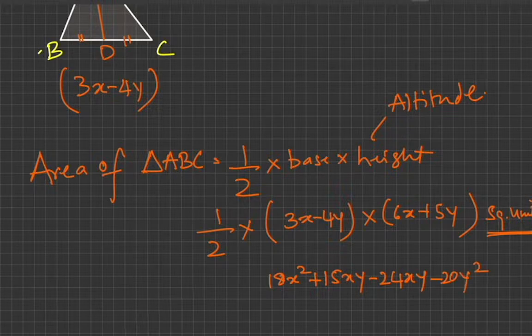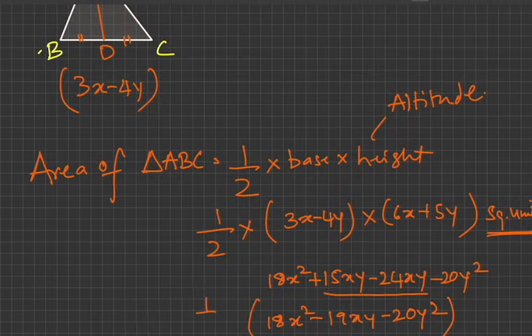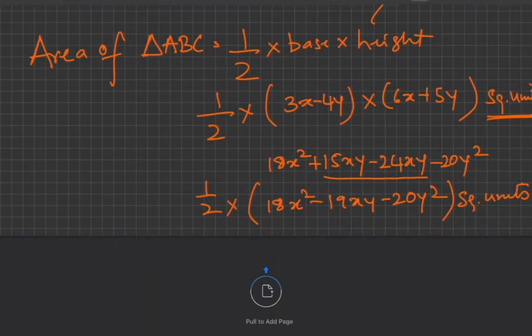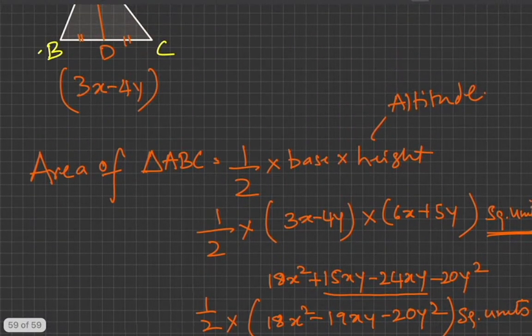So I have plus 15xy and then negative 24xy. So that will give me 18x squared minus 9xy minus 20y squared, and it will be multiplied by 1 by 2, and it will be in square units. So this is your answer, right? Okay.